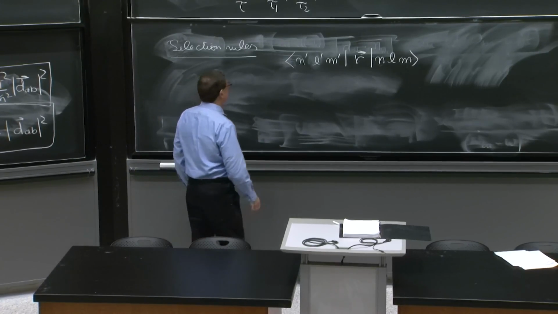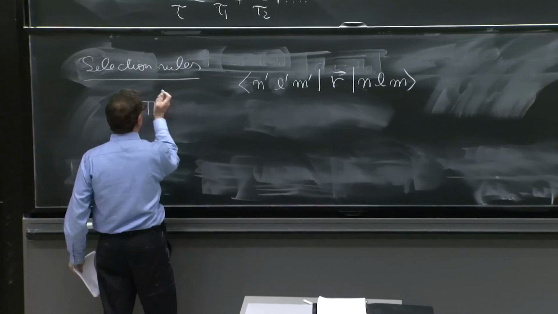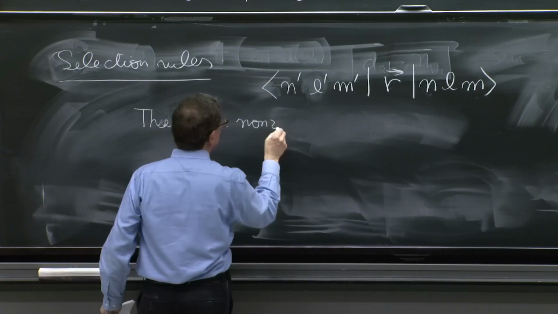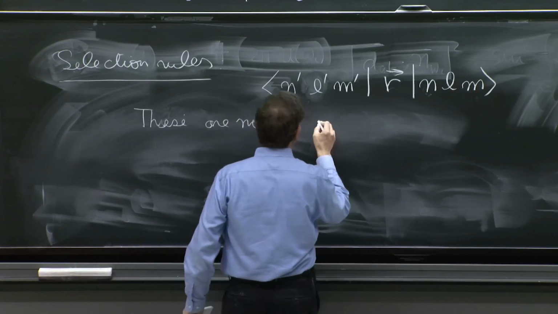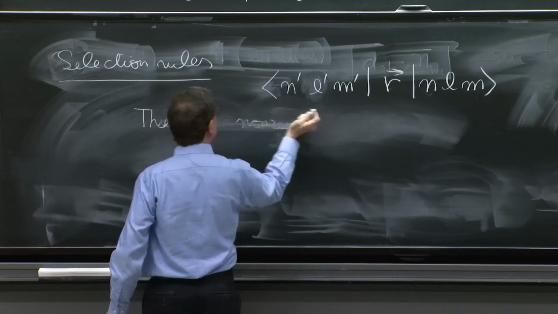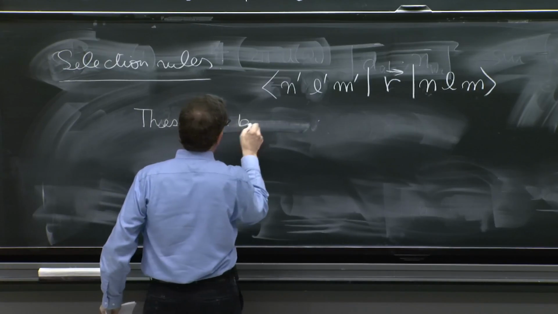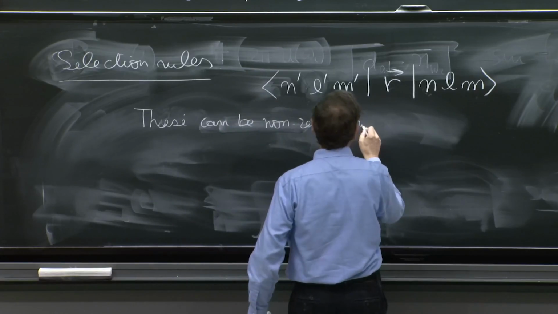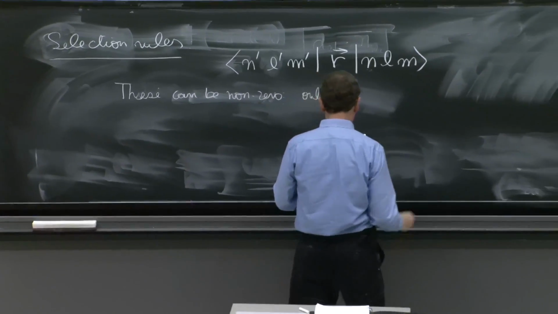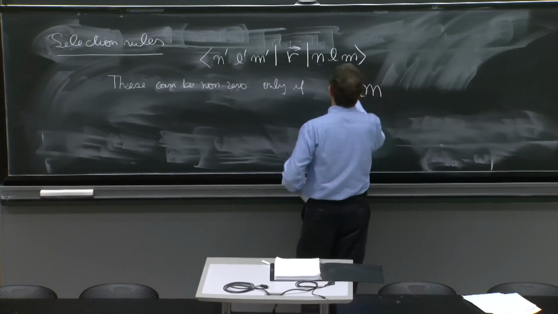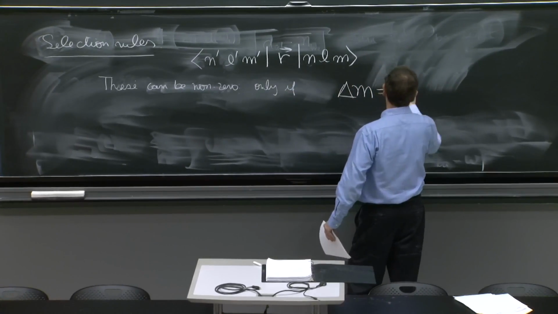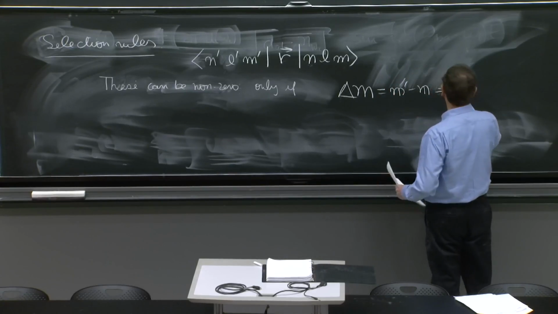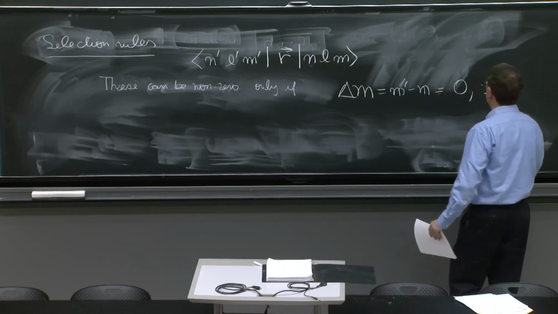So the only cases, I'll summarize the answer, are these. This can be non-zero. There can still be accidents where they cancel, only if delta m, the change in m from one side to another, which is m prime minus m, is either equal to 0 or plus or minus 1.